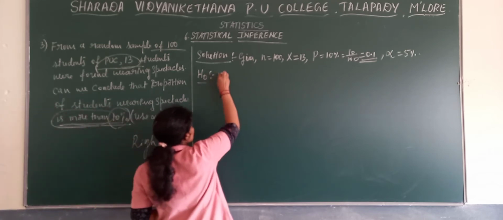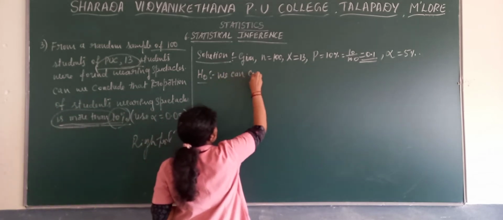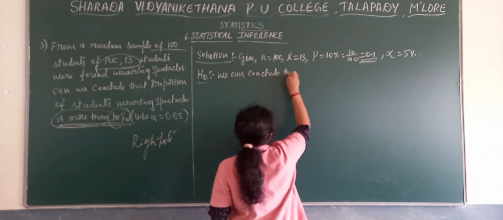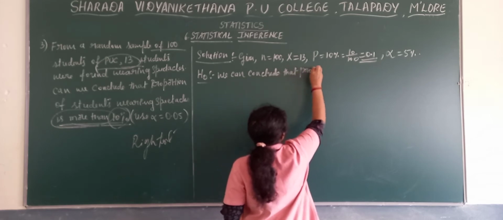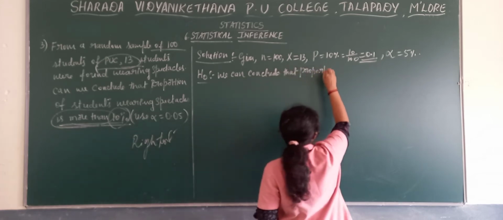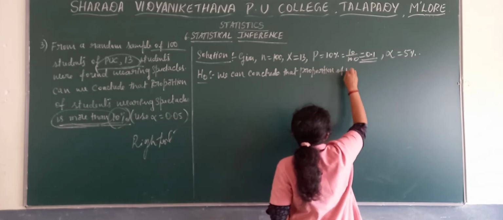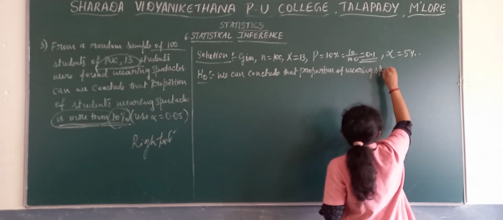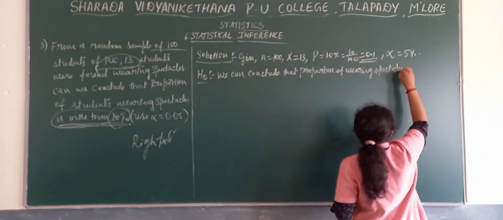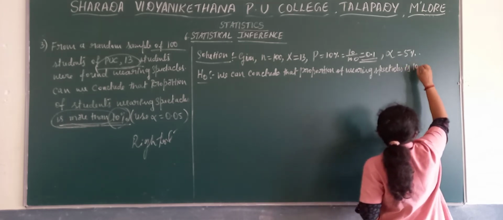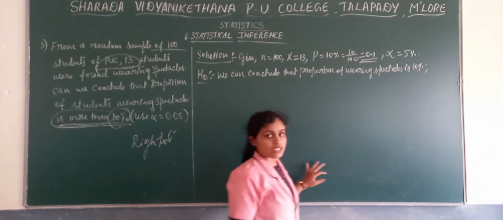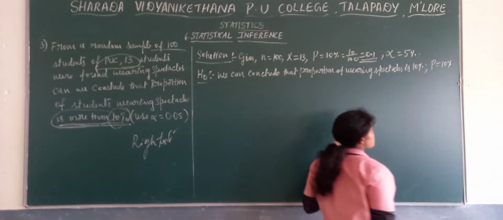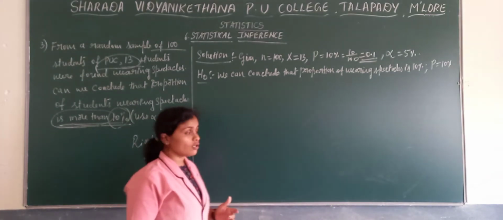So we need to write: we can conclude that the proportion of wearing spectacles is 10%, that is P is equal to 10%, or 0.1.